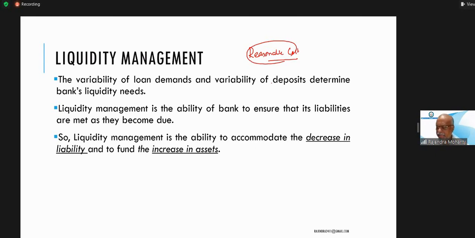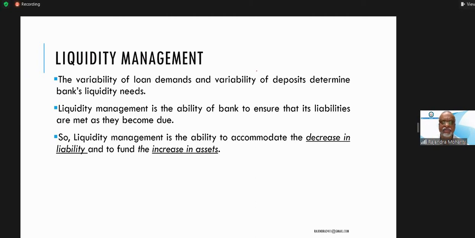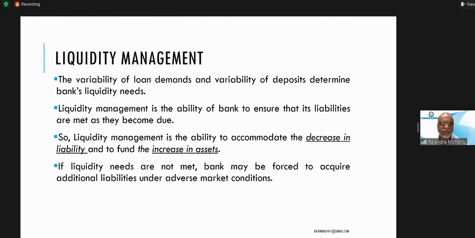So we can say that liquidity crisis or liquidity risk happens when the bank is unable to meet its obligation as and when they become due without adversely affecting the bank's financial condition. So that is the basic thing. If liquid needs are not met, the bank may be forced to acquire additional liabilities under adverse market condition, that is from outside borrowing.